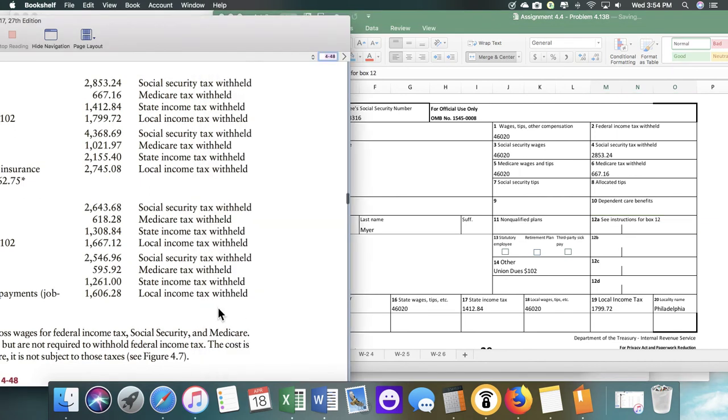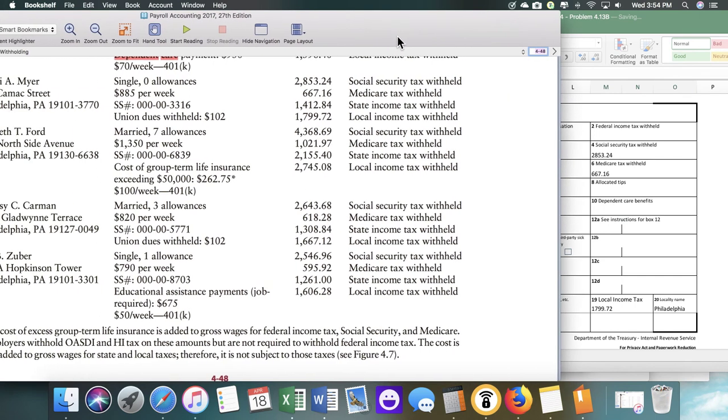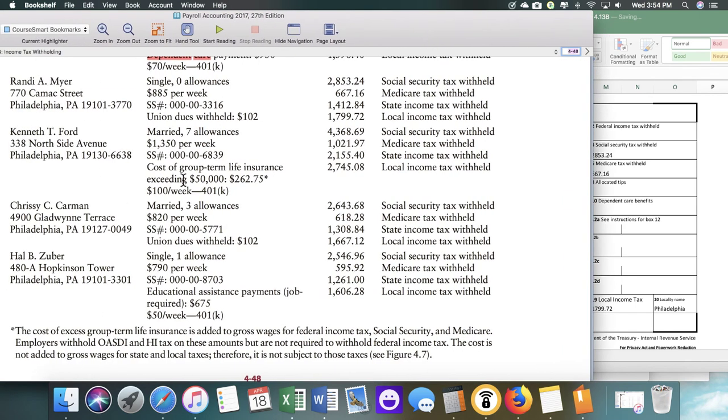And so finally we get to Kenneth Ford. So he has some extra things that we're not quite used to seeing. And honestly, you won't actually see them on your final project. So this is completely separate.